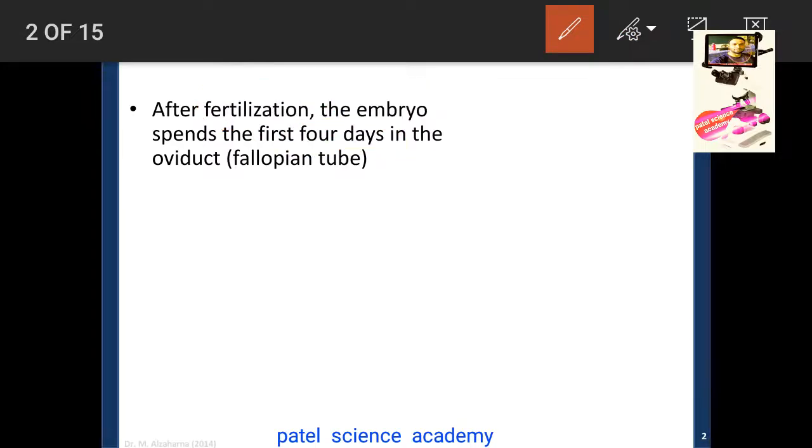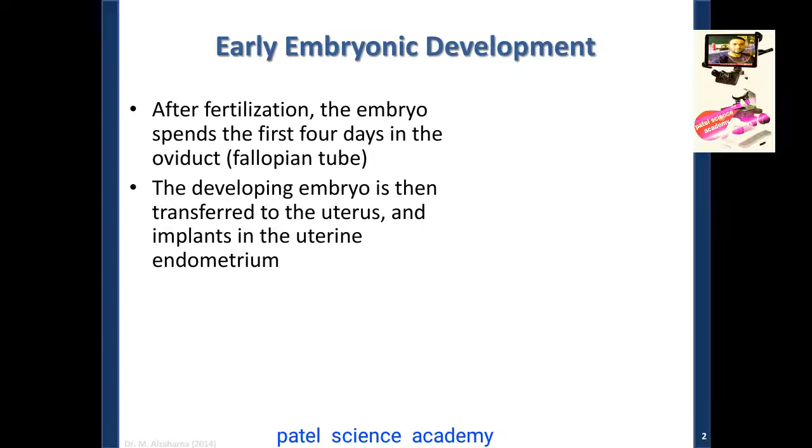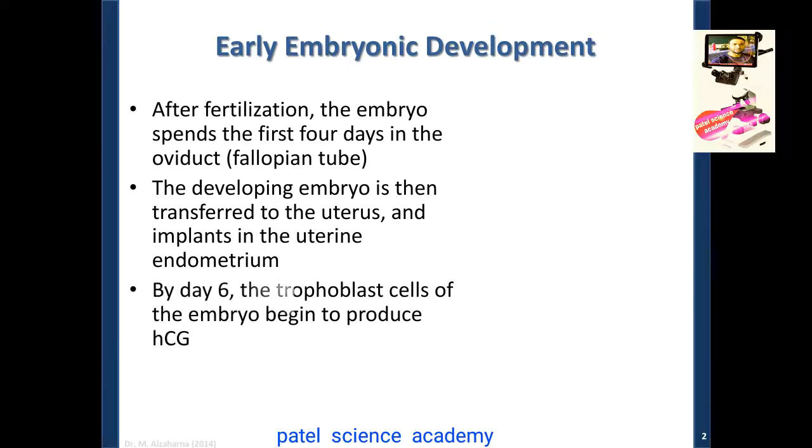So dear students, what happens after the 4 days? The developing embryo is then transferred to the uterus, into which the fallopian tube opens, and it implants in the uterine endometrium. By day number 6, the trophoblast cells of the embryo begin to produce a hormone known as human chorionic gonadotropin.